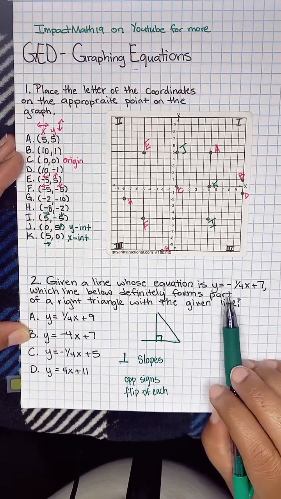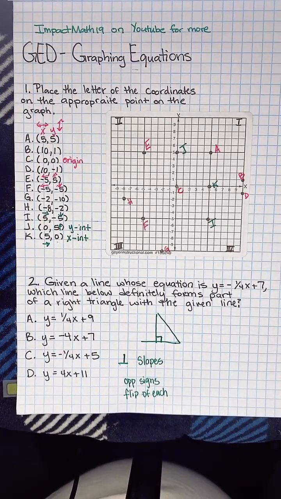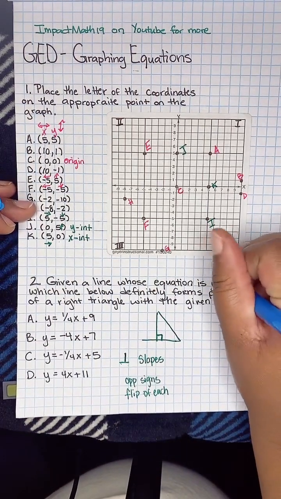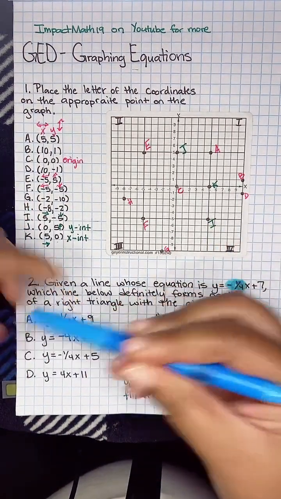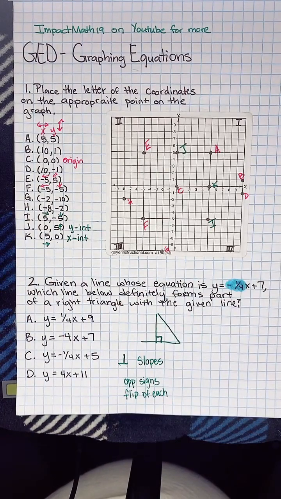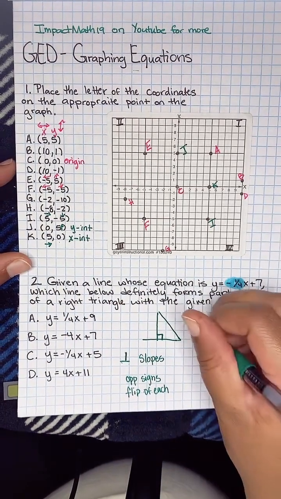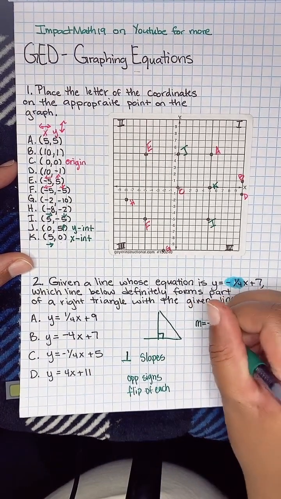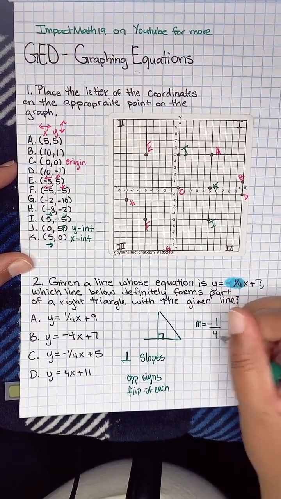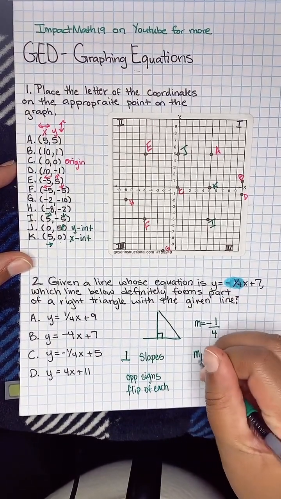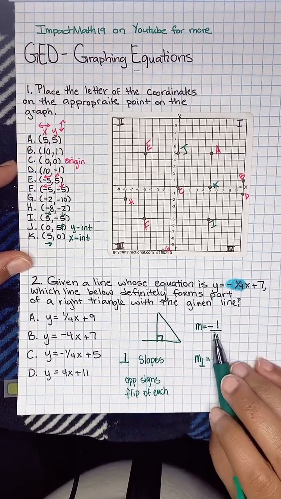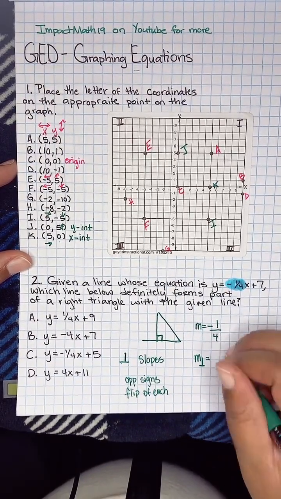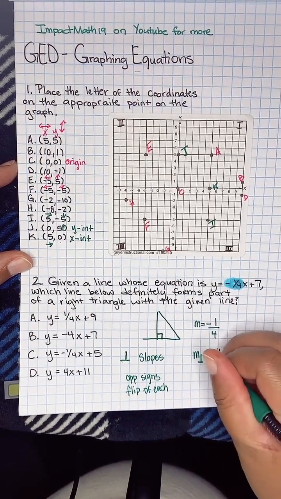So first, the thing that we have to look at is what is the slope from the given equation? This is the slope right here. The slope is always next to the x. So my slope from this equation is going to be -1/4. Well, if I want my perpendicular slope, I'm looking for the flip of this, which is 4/1.